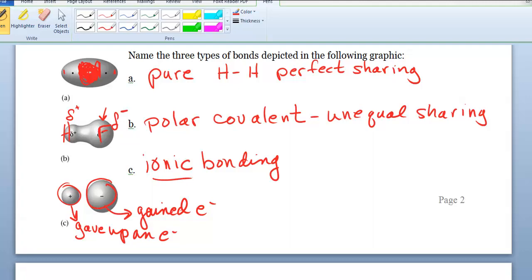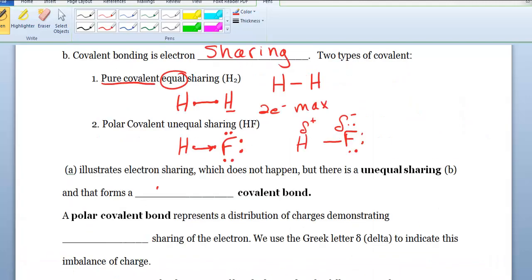That is a case of ionic bonding. So A illustrates electron sharing, which doesn't happen, but there is unequal sharing, and that forms what we call a polar covalent bond. And a polar covalent bond is simply unequal sharing.